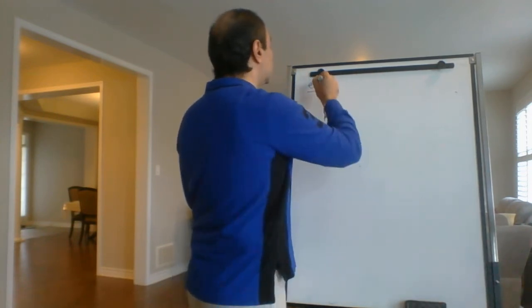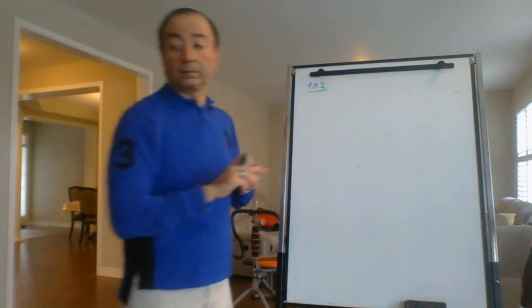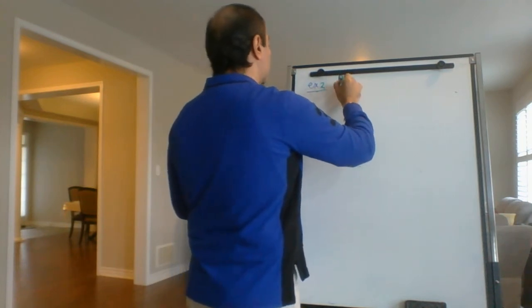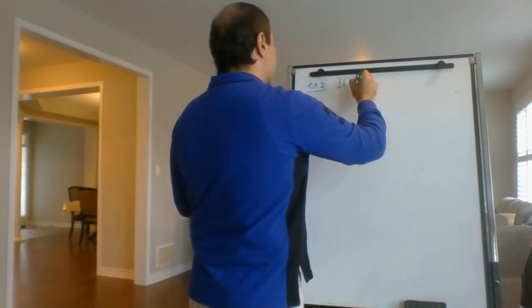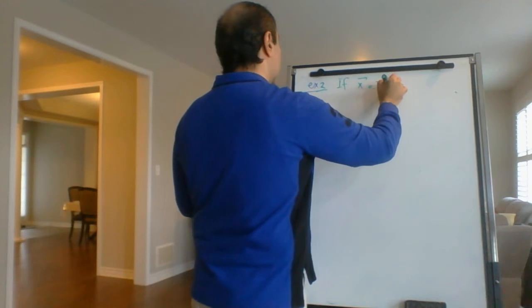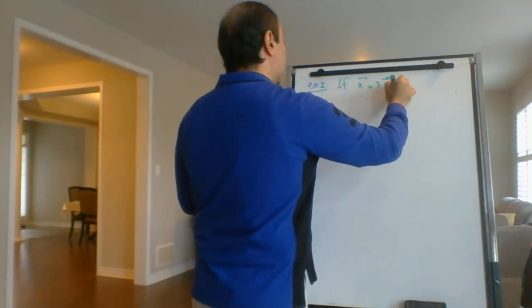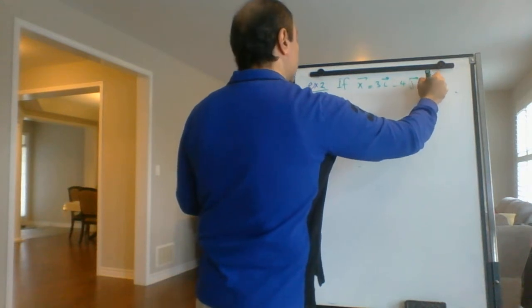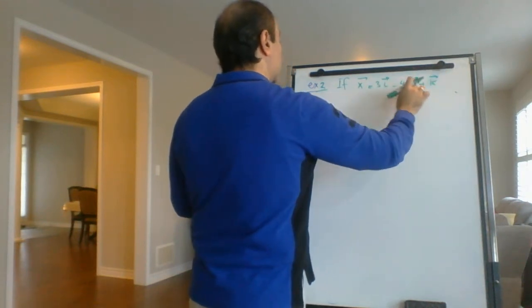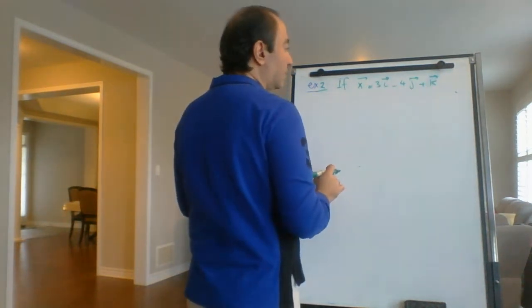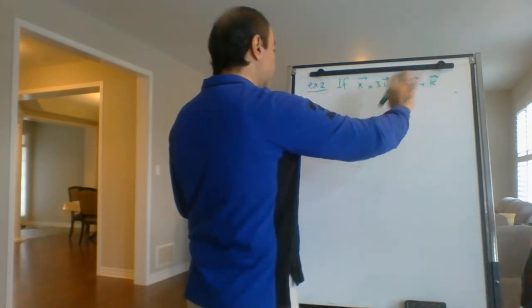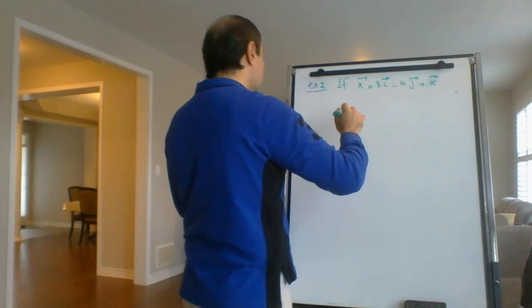Example 2. Says if vector x equals 3 times vector i minus 4 times vector j plus k. By the way, we're going to spend a lot of time with them. Those are unit vectors in the direction of x, y, and z, but it's not our concern now.